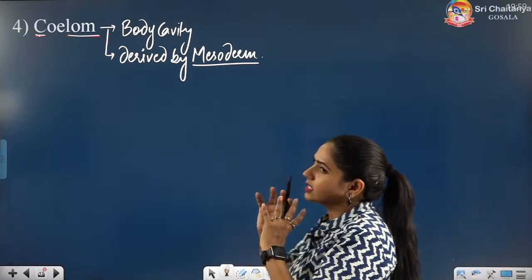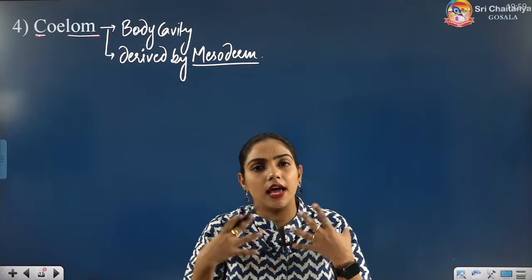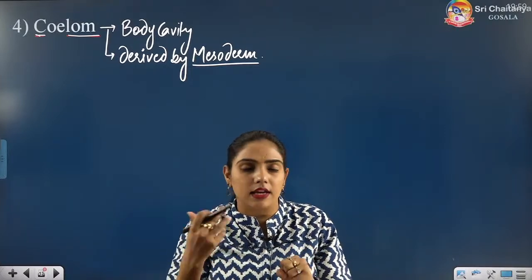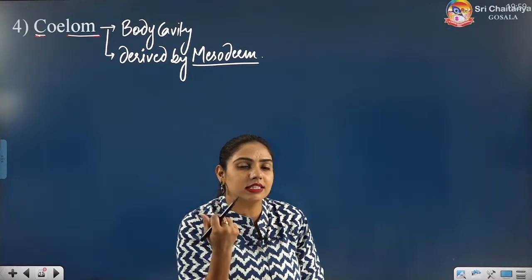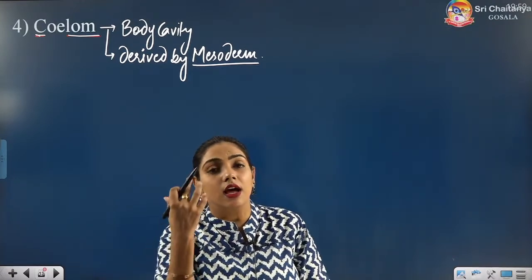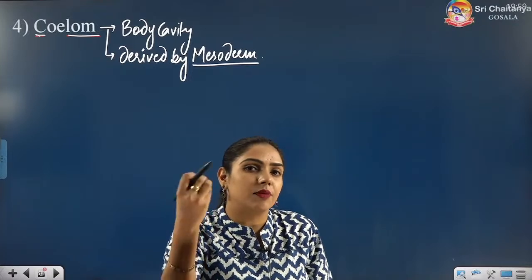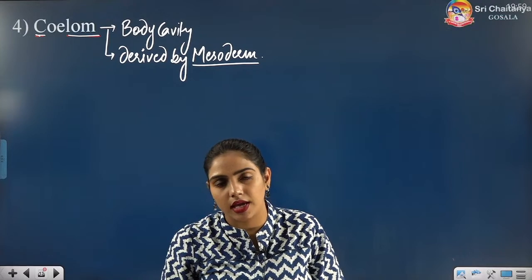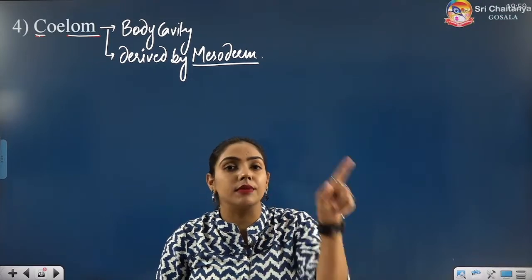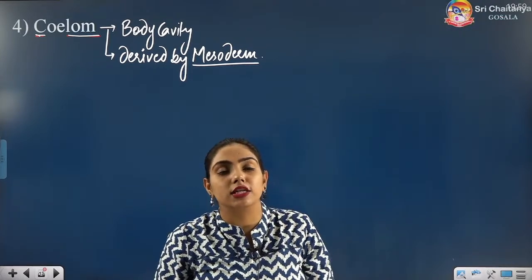This is the space, the body cavity inside every organism. Inside every organism there is a space inside the body, but only if it is derived from the mesoderm, or lined by the mesoderm, will we call it a true coelom, okay.